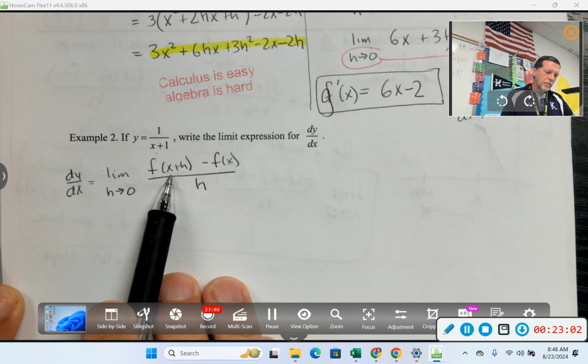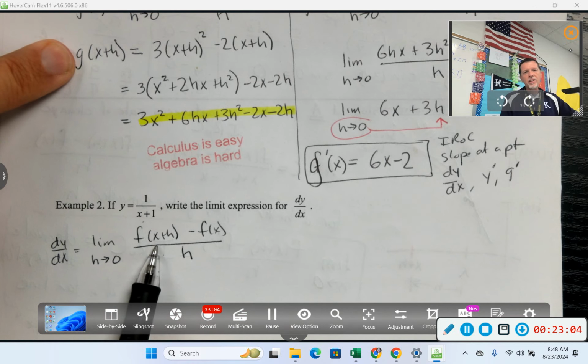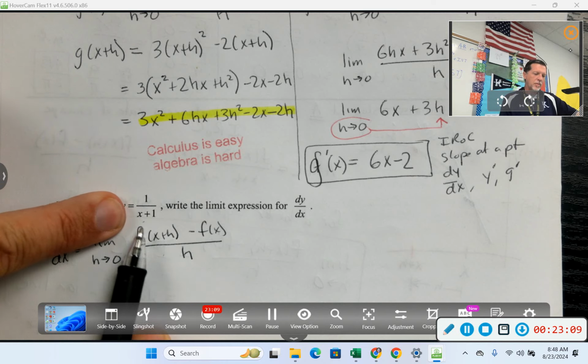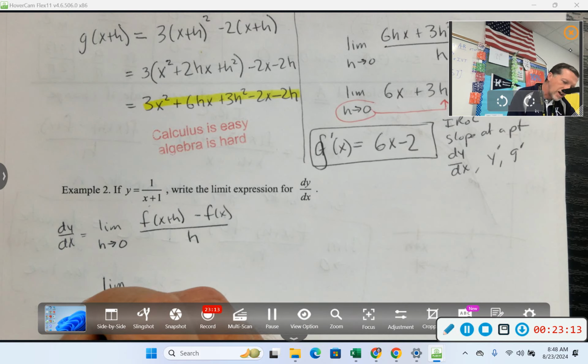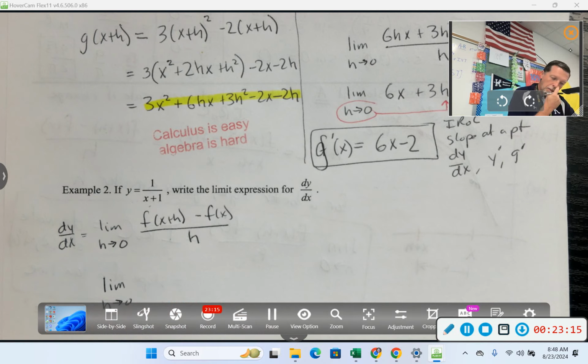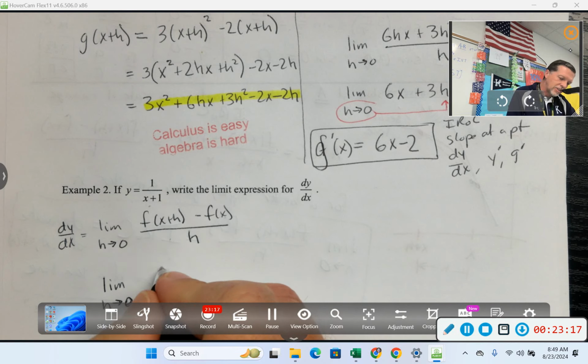I think this time I'm going to pass on writing out f of x plus h because it's pretty easy. I'm just going to replace x with x plus h and make the substitution on the fly, because this one isn't as complicated, at least initially.